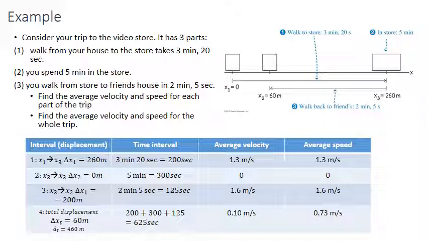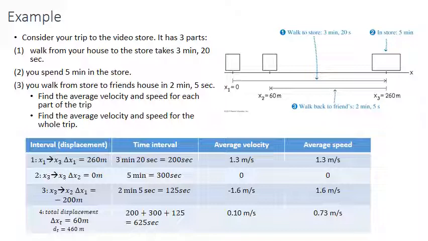In the first interval, we go from x1 to x3, and delta x of this interval is 260 meters. So it's x3 minus x1. The time it took is 3 minutes and 20 seconds, so we change it to a unit that we can use in calculation. Let's choose seconds. That gives us 200 seconds. Remember, each minute is 60 seconds.